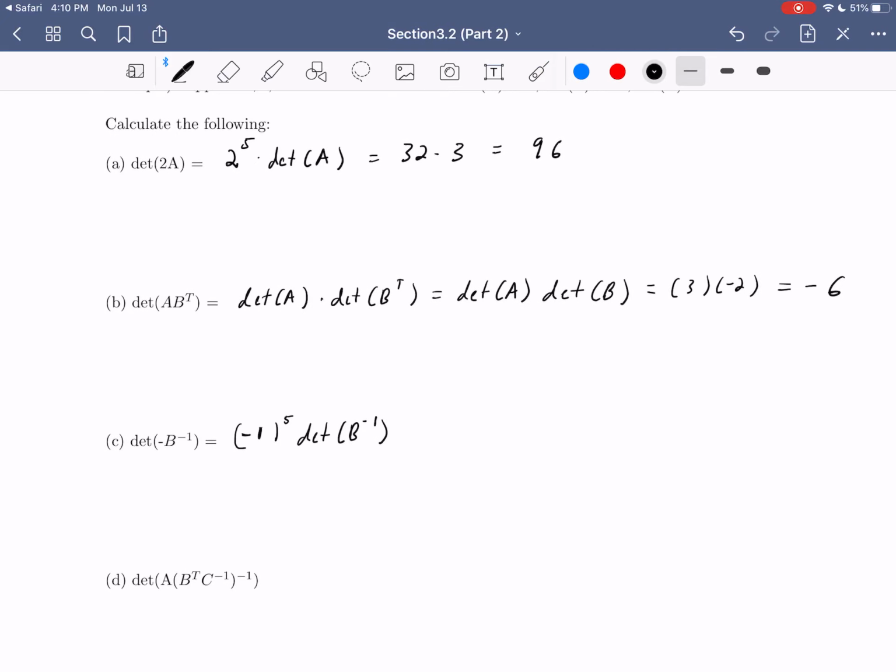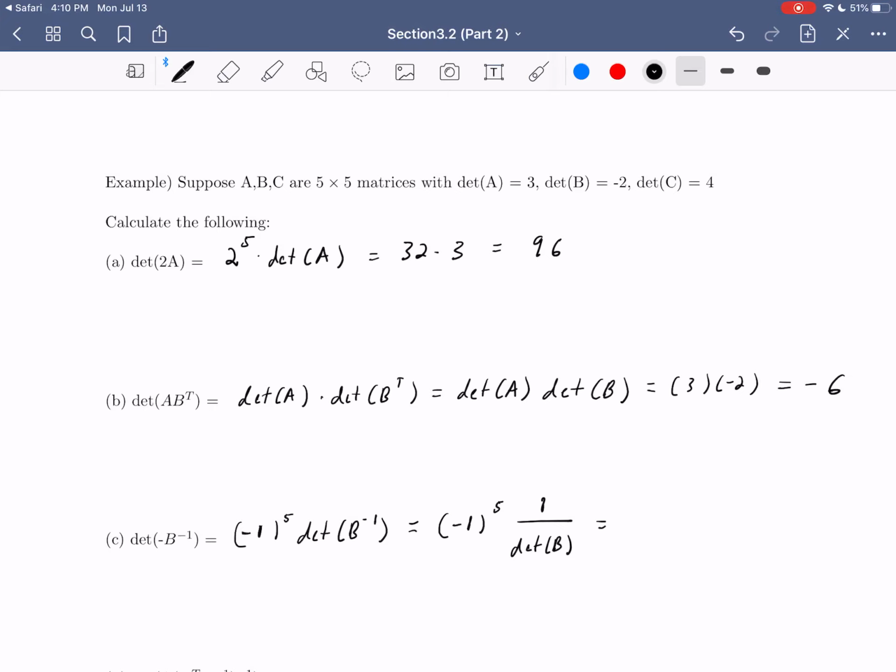We said by property 10 on the previous page that the determinant of the inverse is 1 over the determinant of the original matrix. So this is going to be (-1) to the 5th, times 1 over the determinant of B, which, since the determinant of B is -2, gives -1 over -2, which is 1/2. So even without knowing what the matrix B is, we know that the determinant of the negative of its inverse has to be 1/2.